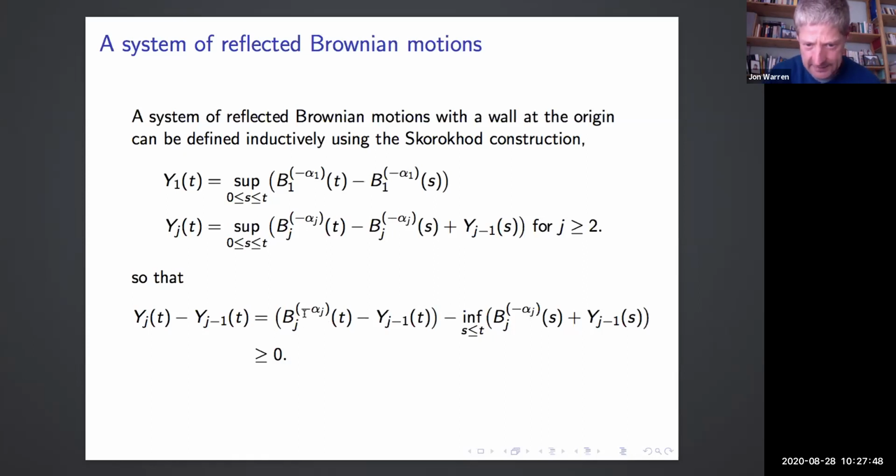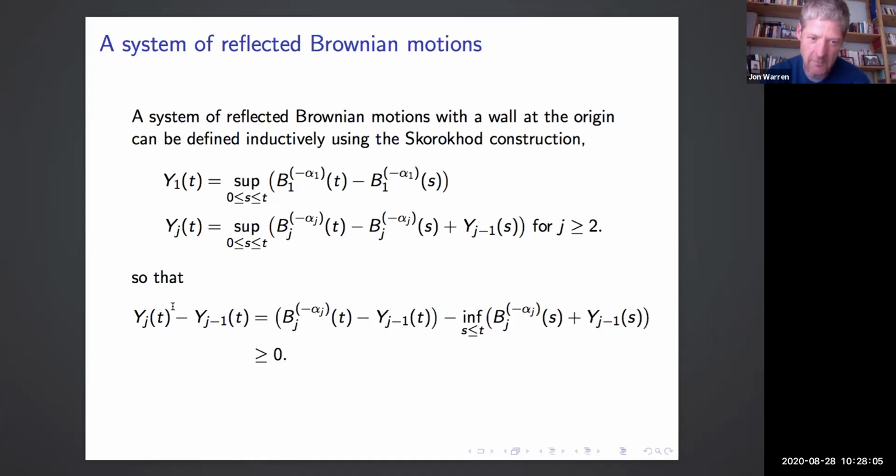So it's this process, Bj minus yj-1, minus its previous minimum. And that shows that it's always greater than or equal to 0. So what you're seeing there is that each yj is always bigger than yj-1.